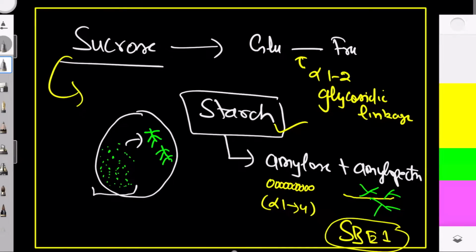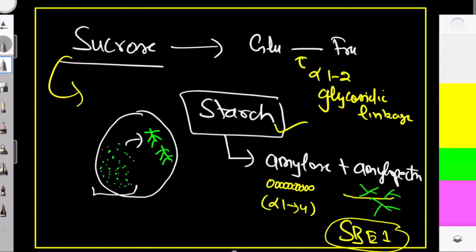If you count, you are going to have less number of starch molecules in comparison to the number of sucrose molecules. Here the whole sugar has been stockpiled in the form of starch.